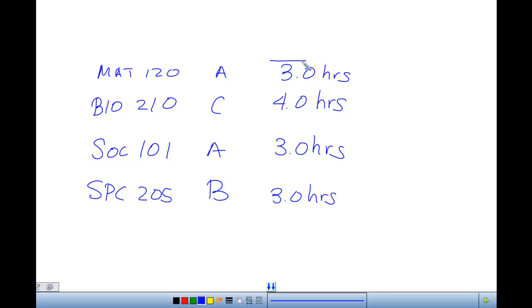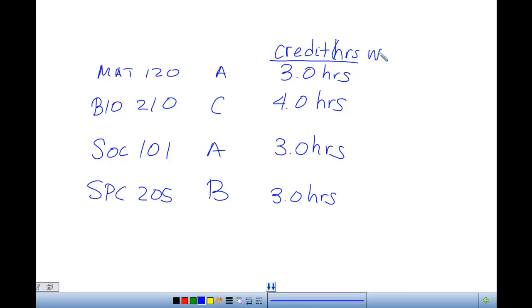So the credit hours in this case would be our weights, right? Because you got this 4-hour C, this 3-hour A, that doesn't come up to a B, does it? No, because the C has a little more what? Weight. In this case, more weight because Bio 210 is 4 hours. Okay?